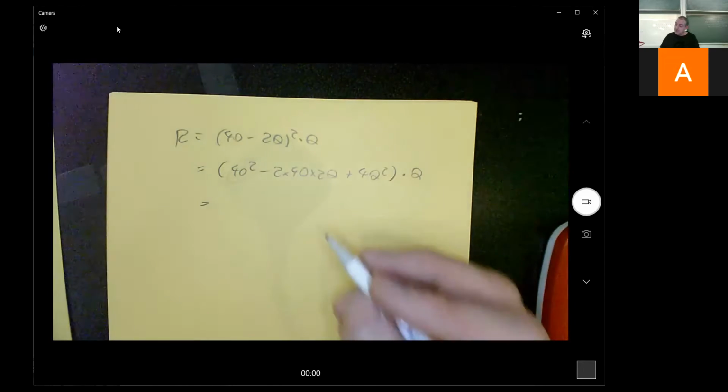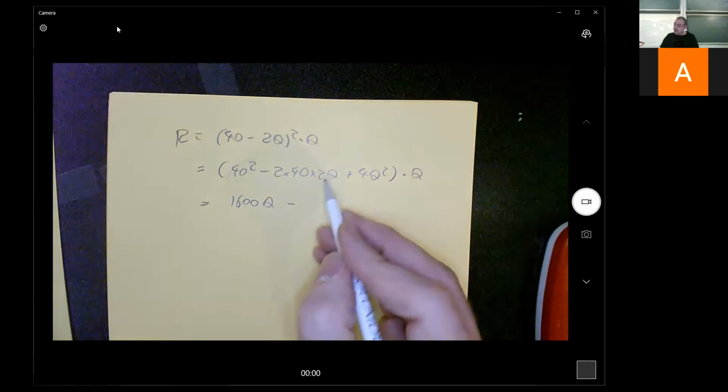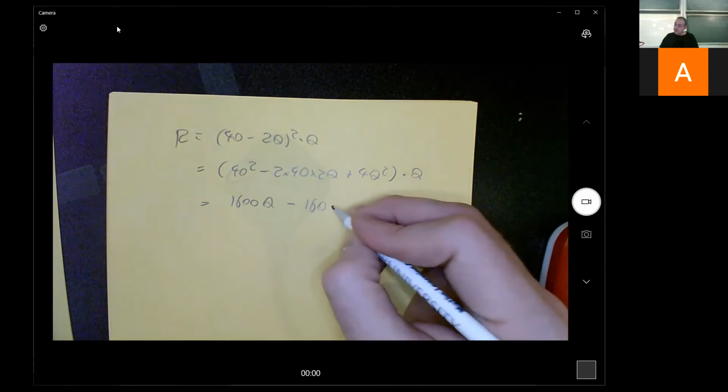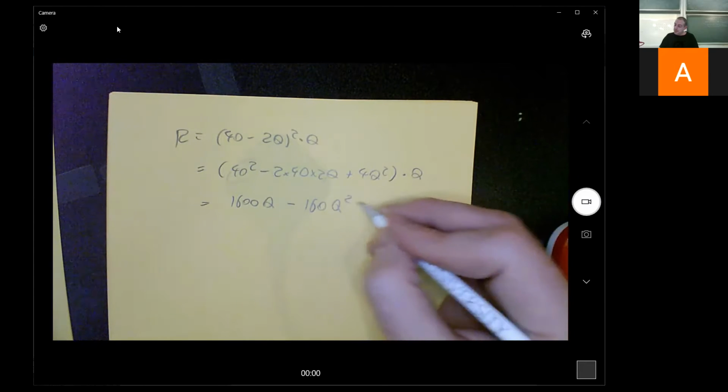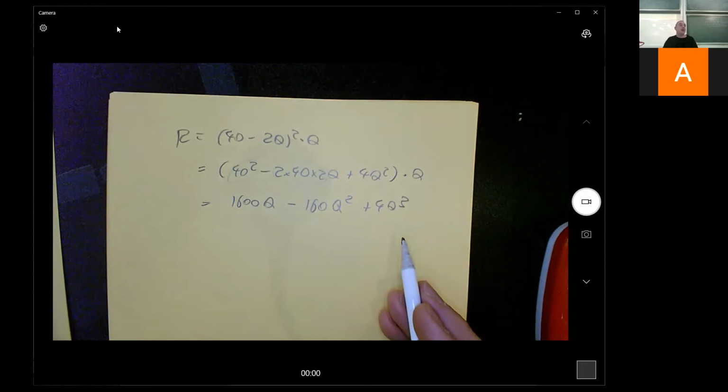That's 1600. That's 160. And you could have done the derivative there like that.